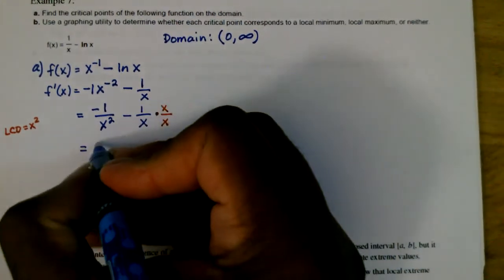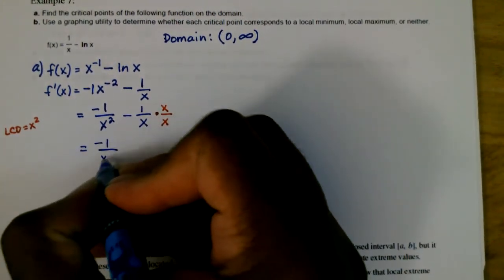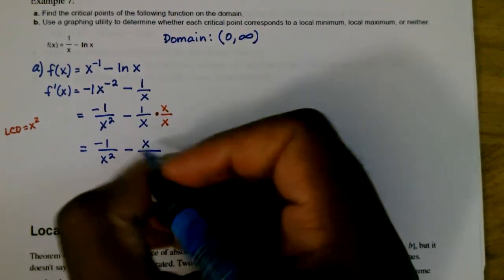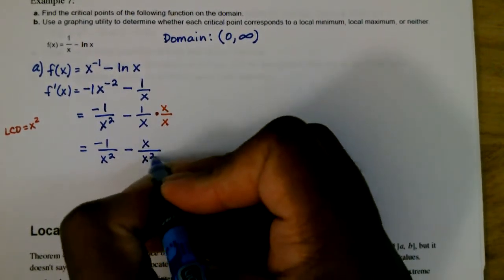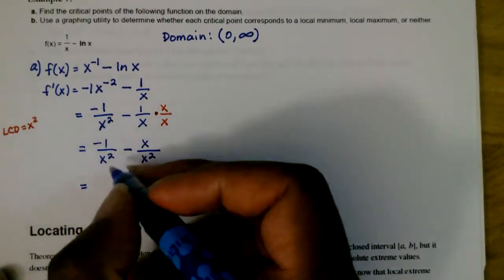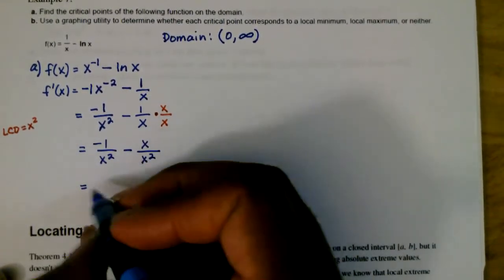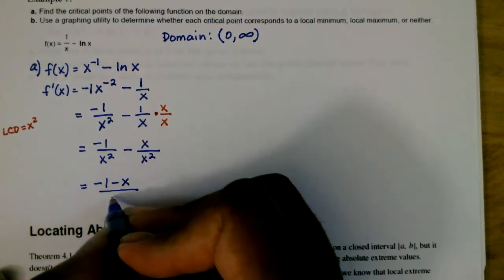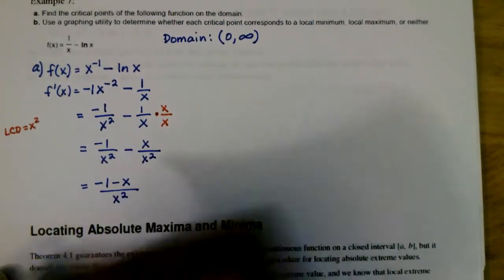So here I'm going to have the -1/x squared minus 1 times x will be x over x times x will be x squared. And since now the denominators are the same, I can write the negative 1 minus x all over x squared.